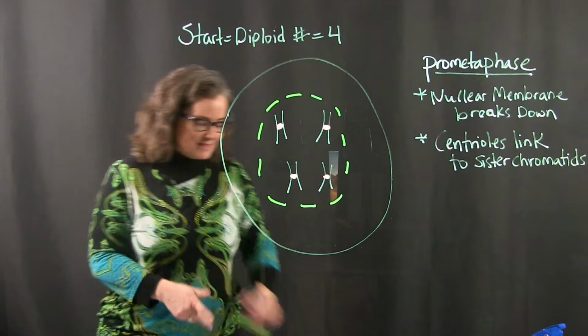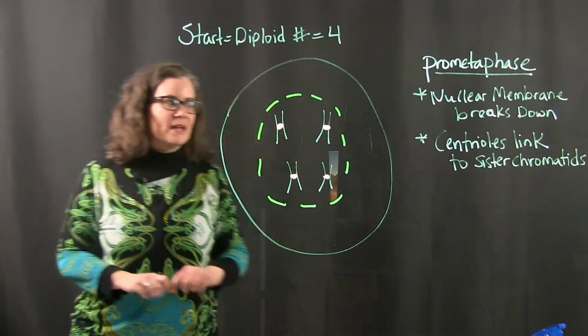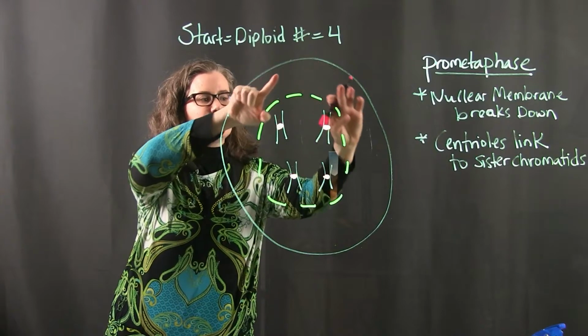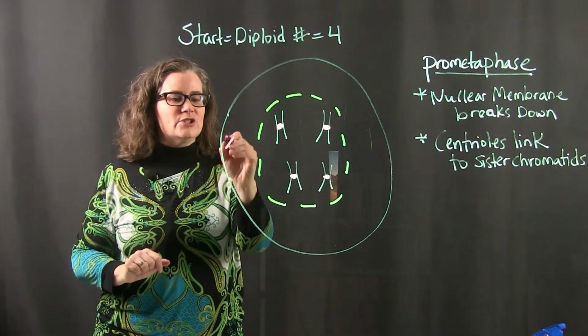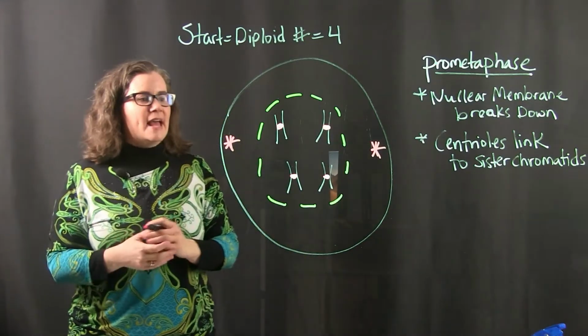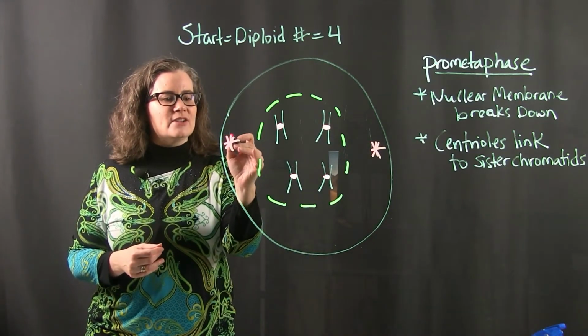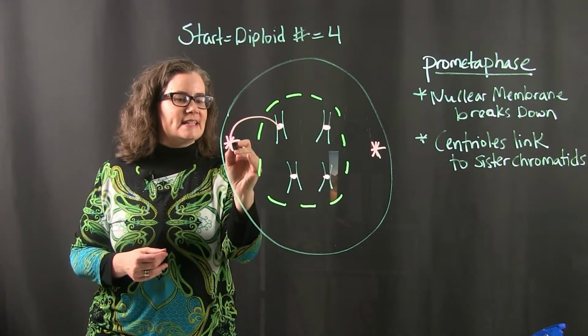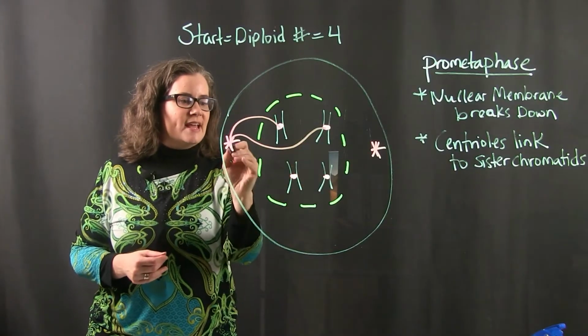The other thing that is significant in this particular step is the centrioles, which started out in prophase. They are migrating to the poles. They are these star-shaped organelles, and they reach the poles, and then they grow out their tubes to connect to each of these sisters.